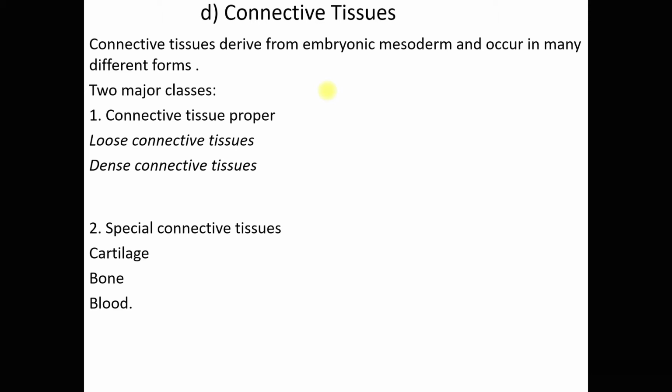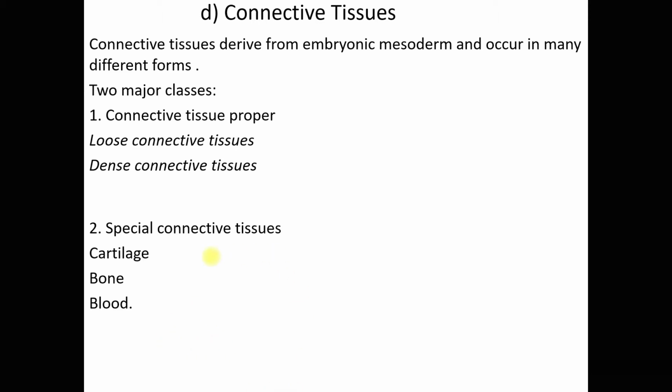So that particular mesoderm layer that is formed during gastrulation will form these connective tissues. When it comes to embryogenesis, you will learn it in detail in the second semester for STPM candidates. Okay.